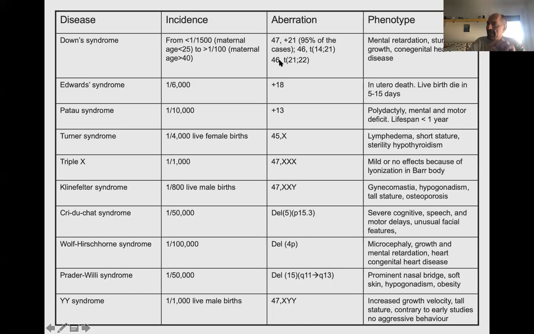There are a few cases where it's not really a numerical plus 21, but a translocation 14;21 or 21;22. The frequency depends very much on age. It's fairly rare, less than 1 in 1500 for young women. But when the maternal age is higher than 40, it becomes higher than 1 in 100. So it starts to become a high risk of Down syndrome.